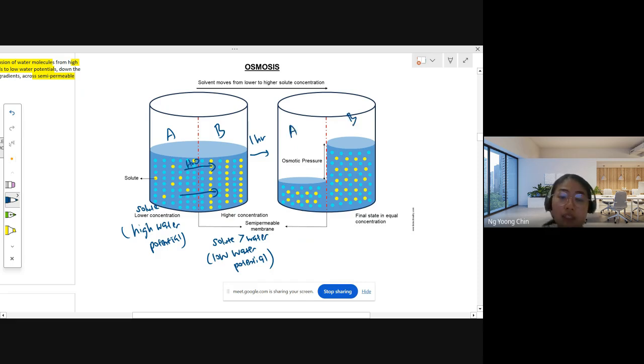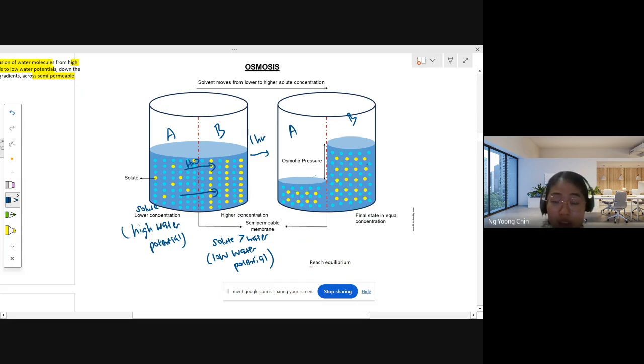Region B now has a higher level of water compared with region A, because region A has diffused water molecules to region B. Now A and B both reach equilibrium. So the water molecules diffuse from high water potential to low water potential.